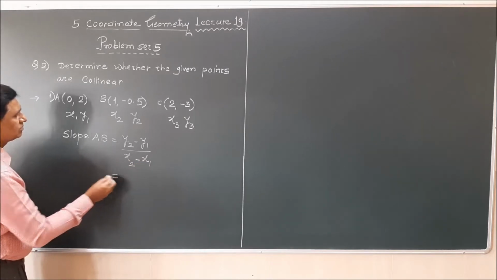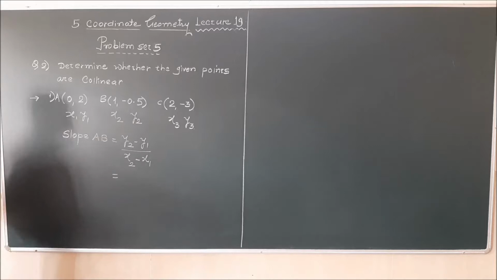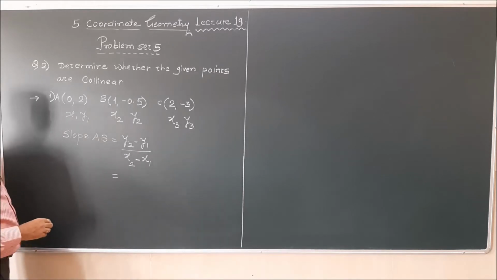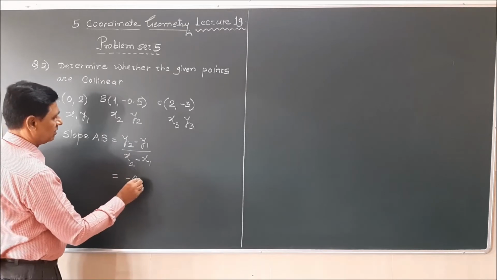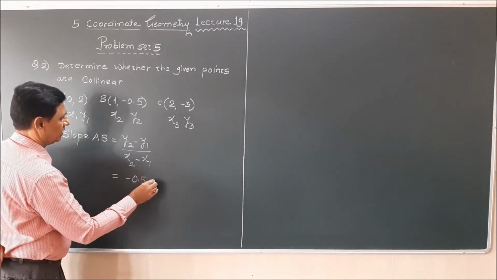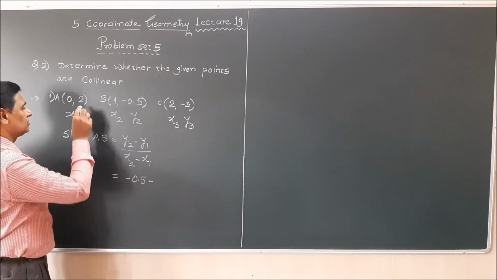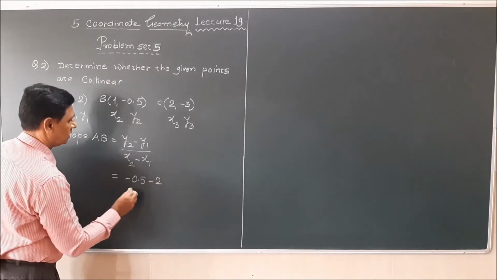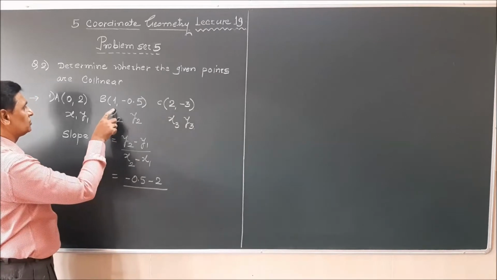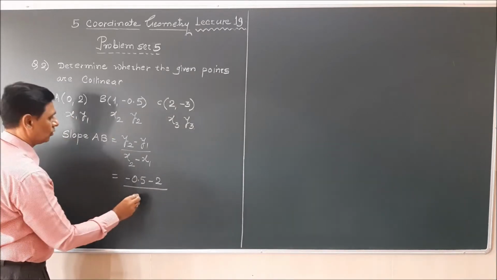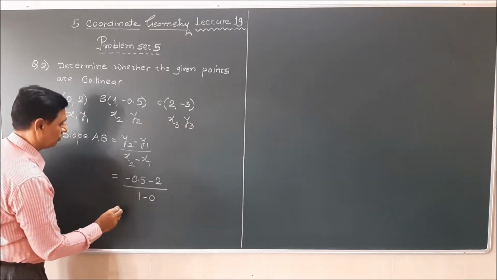That is equal to y2 minus y1. The value of y2 is minus 0.5, minus y1, that is 2, upon x2 minus x1, that is 1 minus 0.